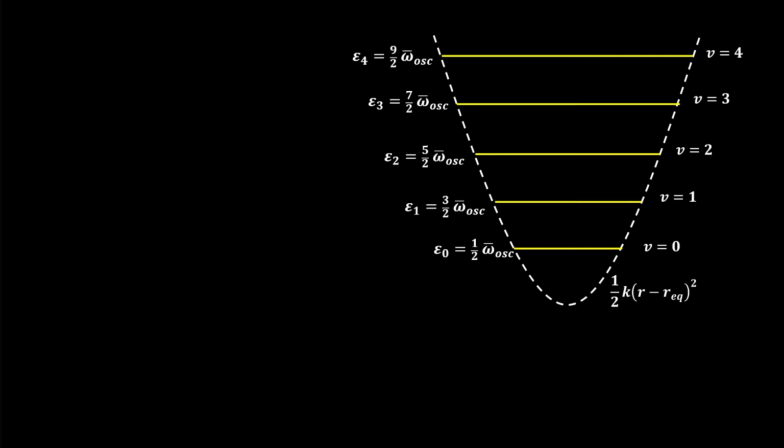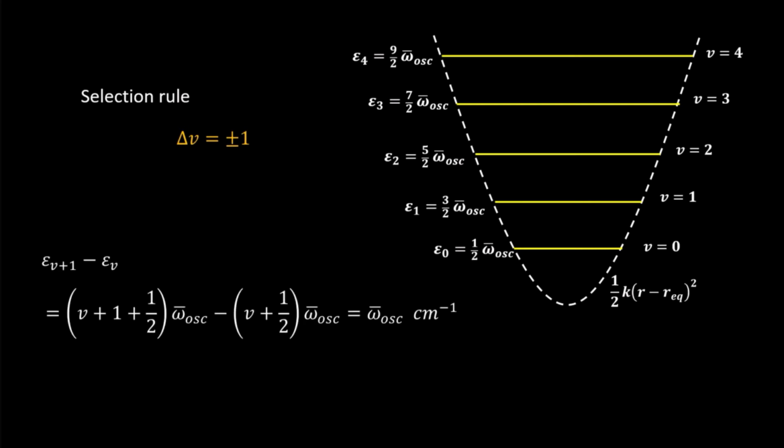The selection rule for transitions between various vibrational energy levels of the molecule is given by delta v equal to plus or minus 1. From this, we can find the energy change involved in the transition from one vibrational level to the next level, v plus 1, as omega_osc bar centimeter inverse.